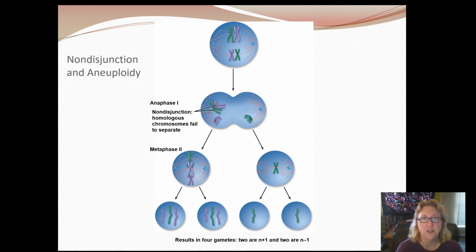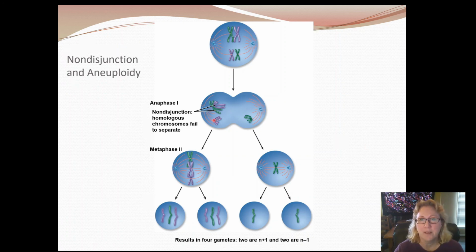And non-disjunction leads to aneuploidy. Aneuploidy, remember, is an abnormal number of chromosomes for that species. So aneuploidy means that there are chromosomes missing or there are duplicates of chromosomes, more copies than there should be for a haploid or a diploid cell.